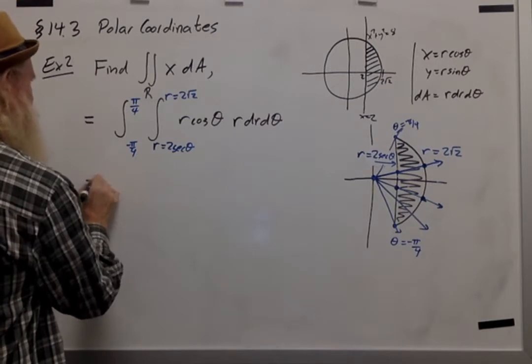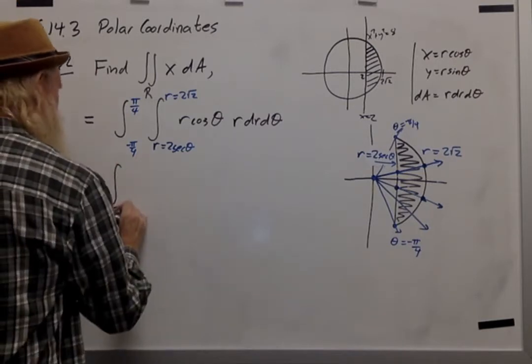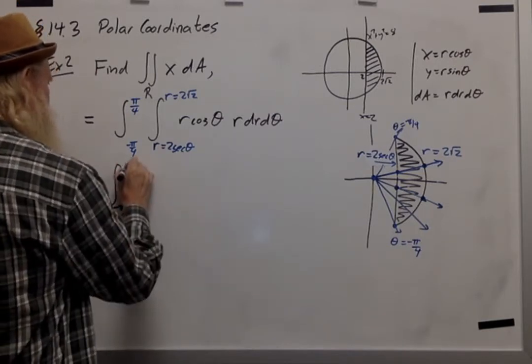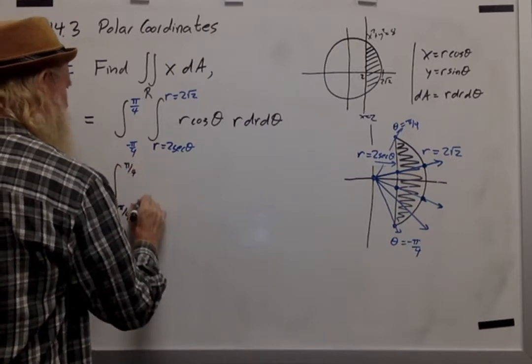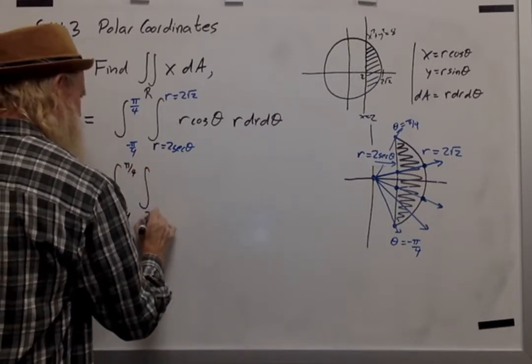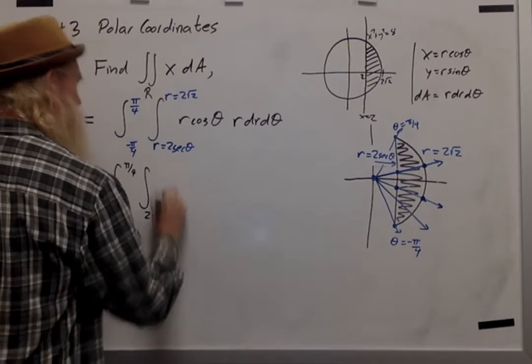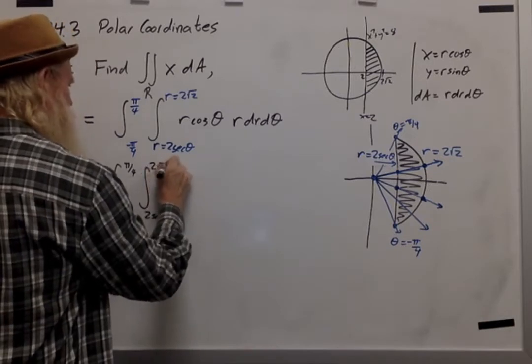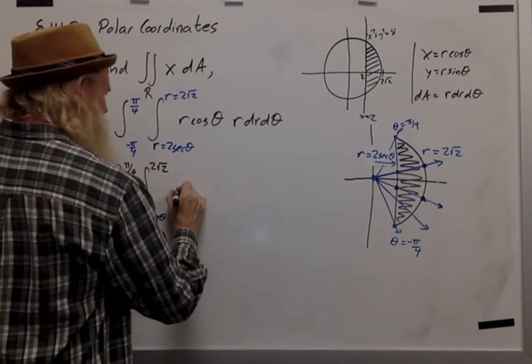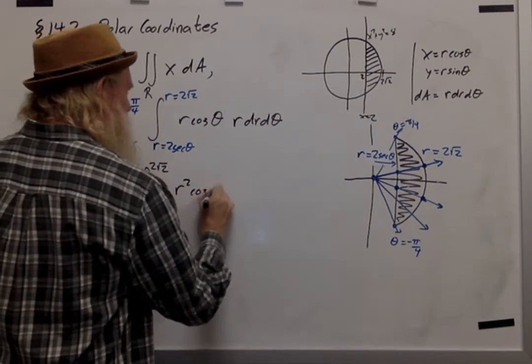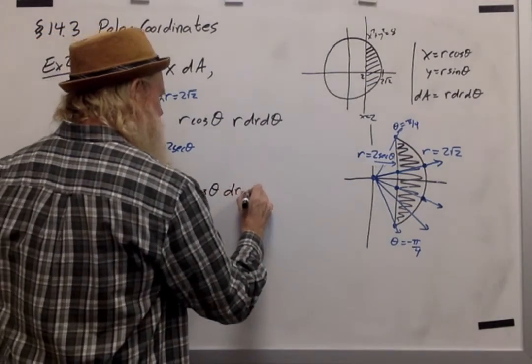Cleaning this up a little bit, that's the integral from negative pi over 4 to pi over 4 of the integral from 2 secant theta to 2 root 2 of r squared cosine theta dr d theta.